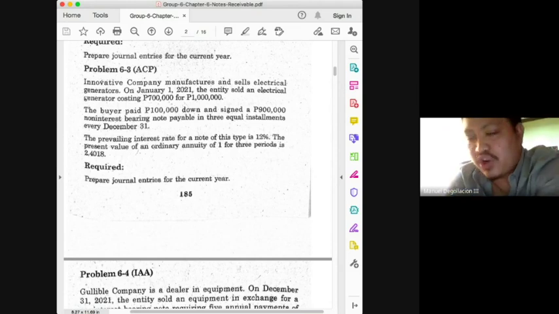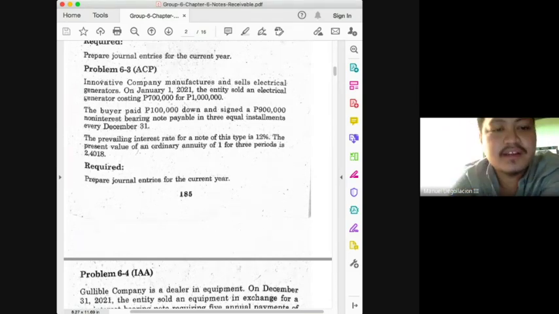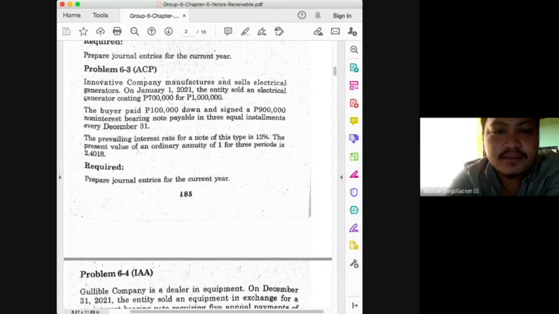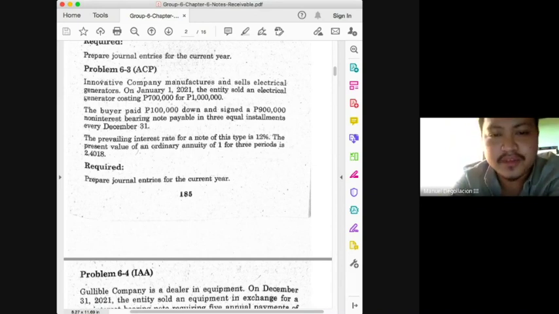Next possible question would be how much is your unearned interest income at the end of the first year? And that should not be difficult to answer, class, because it's very understandable. We have already figured out that at the very start, our unearned interest income was 179,460.